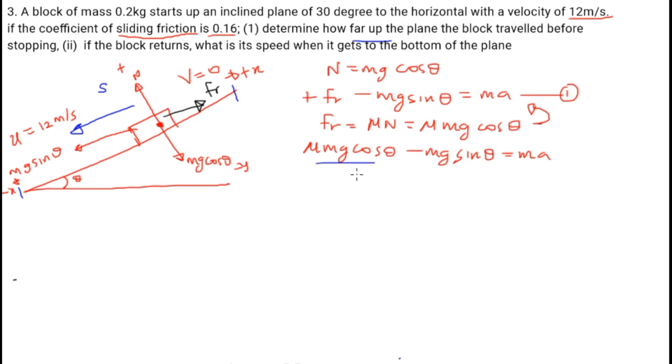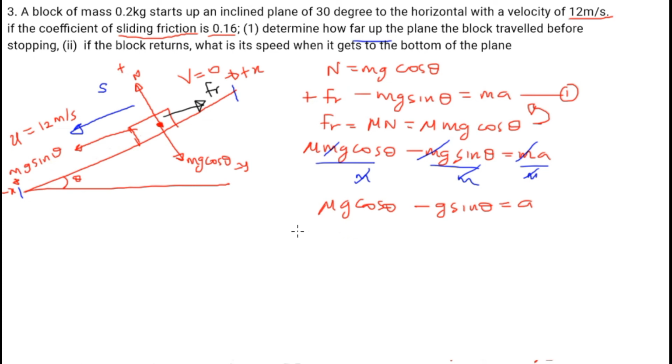If I divide both sides by m, then I will have mu g cos theta minus g sine of theta equal to a.